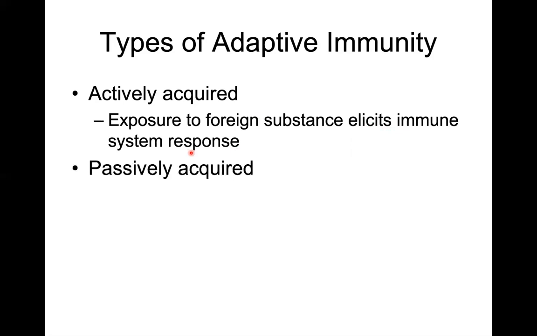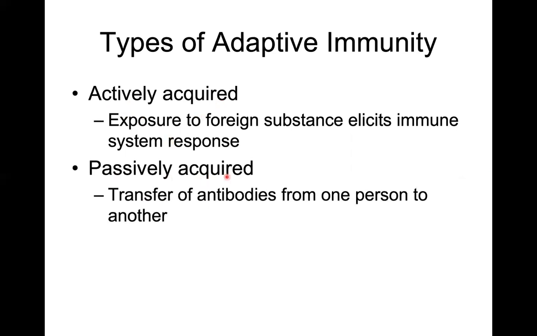So you live your life, you encounter something naturally or actively, and you develop an immune response because of something that you had encountered. So let's say that you lived your life and you had never been vaccinated against chickenpox, and then you got the virus that causes chickenpox. Then you got chickenpox, now you developed immunity against chickenpox in the future. That's actively acquired adaptive immunity.